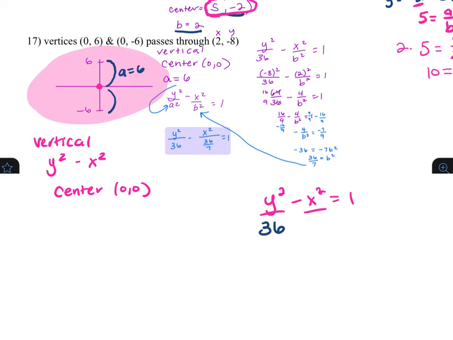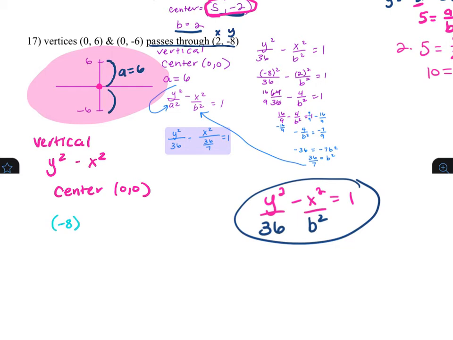Before I even move on to this second part, I know that what I'm missing is the B squared, and that point gives me nothing about B. What it does give me is an X and a Y. So I'm going to take this equation and I'm going to plug in the X and Y. So the Y would be negative 8, that would be squared, over 36, minus the X is 2 squared over B squared equals 1. Now B is my only unknown, so I'm going to work to solve it.